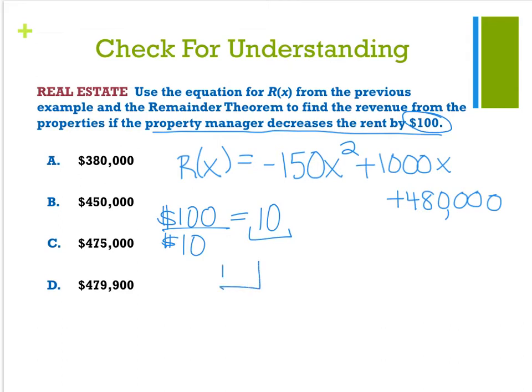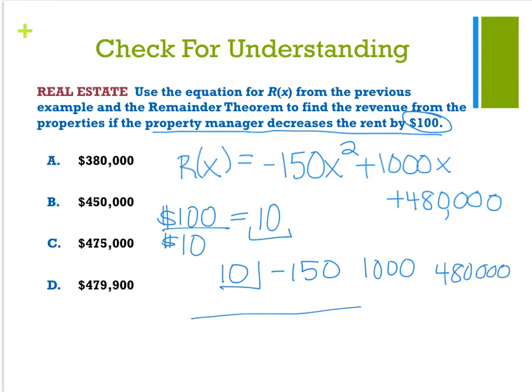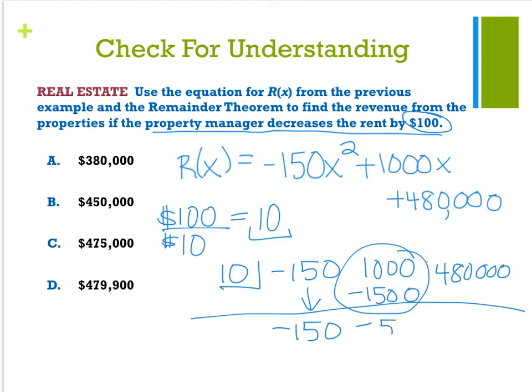If we use 10 as our divisor, and our revenue function has coefficients of negative 150, 1,000, and 480,000, I carry out my synthetic division. We get negative 150. If we multiply that by 10, we get negative 1,500. And if we add that column, 1,000 and negative 1,500, that gives me negative 500.